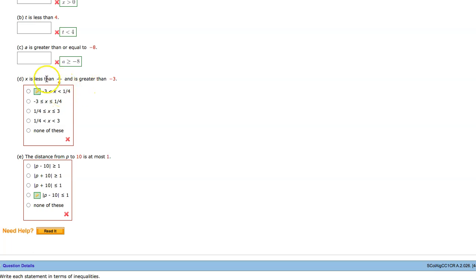It would make Longhorns look cheap. So 1/4 is crazy high. So -3 is less than x, and x is less than 1/4. Everybody in this pile is less than 1/4. -3 surrenders to x, and x surrenders to 1/4.